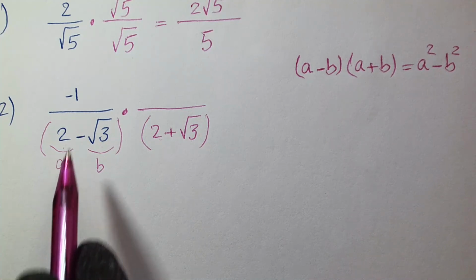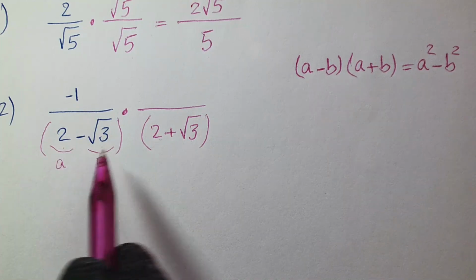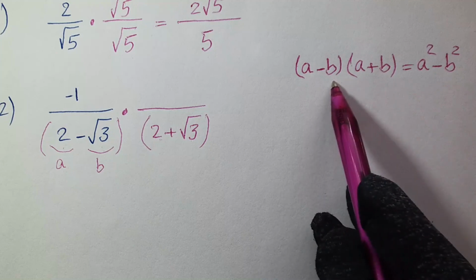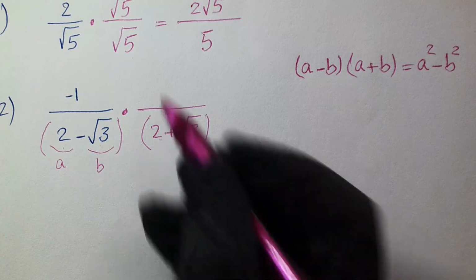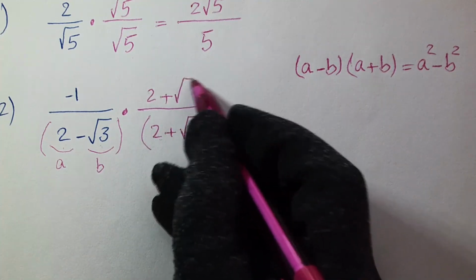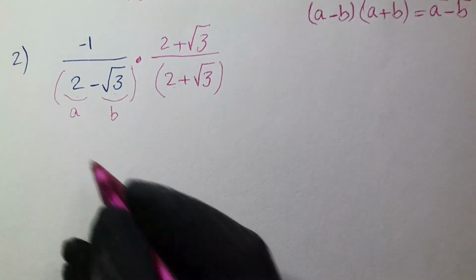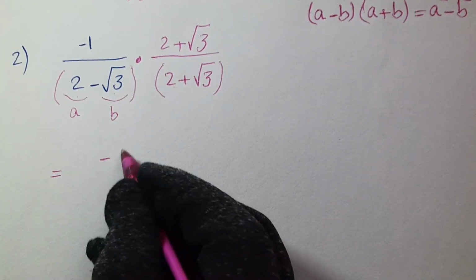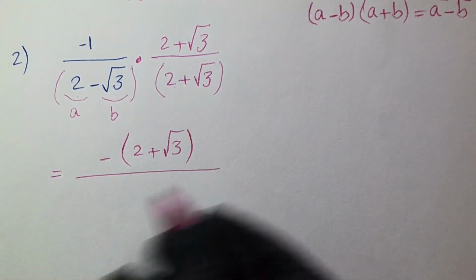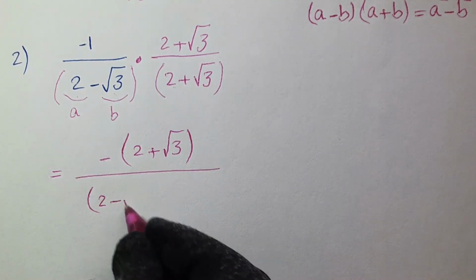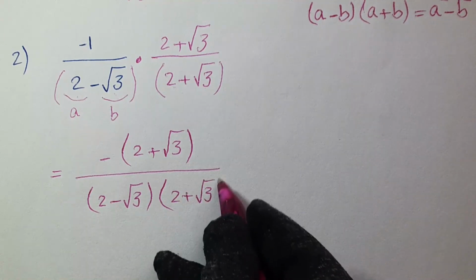Again, in this form, when the denominator is addition or subtraction between two terms, we can use this rule. So I have 2 minus square root of 3. I will multiply the denominator and the top of the fraction by 2 plus square root of 3. So the answer is going to be negative 1 times 2 plus square root of 3, and the denominator is 2 minus square root of 3 times 2 plus square root of 3.